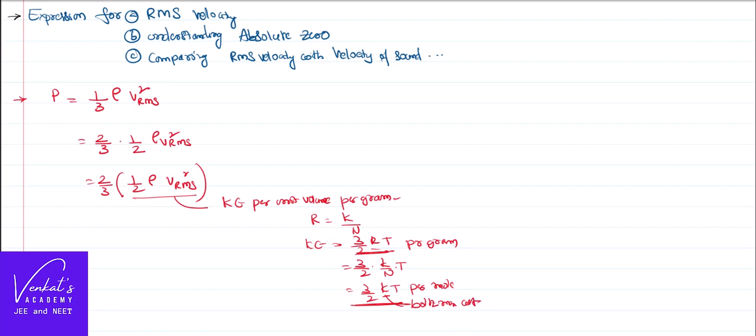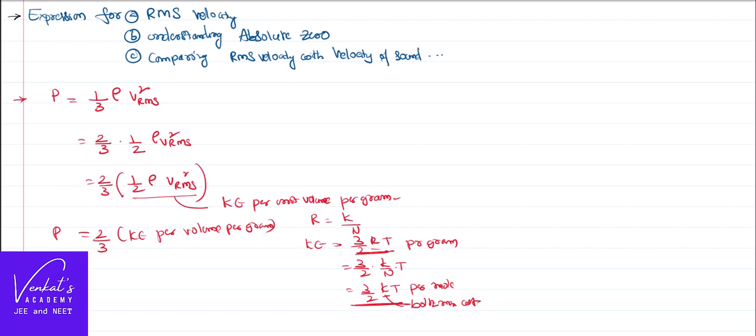Coming back to our equation, we can say total pressure is equal to 2 by 3 of kinetic energy of the gas molecule per volume per gram, as I have already mentioned to you. Now you can further modify this equation.